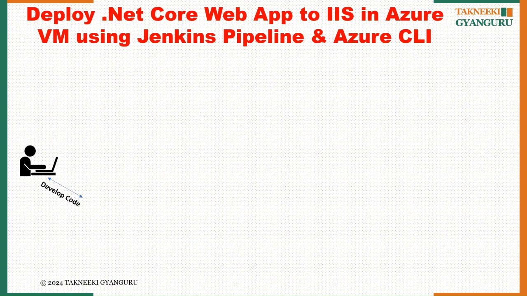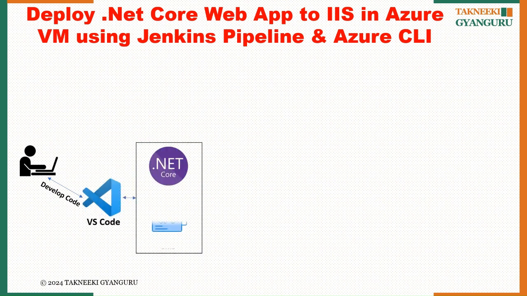So first of all, we'll develop our code using VS Code. In VS Code, we have already created a .NET Core web application, right? In my previous video, I created it and deployed it to the IIS on the local machine. So I will continue that project only.